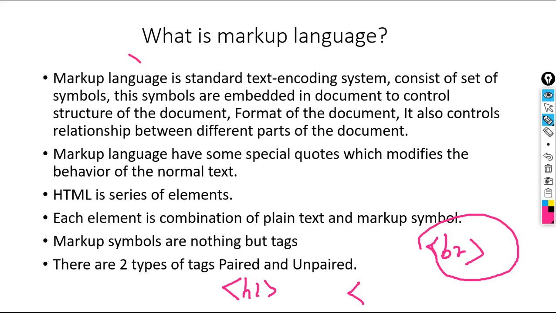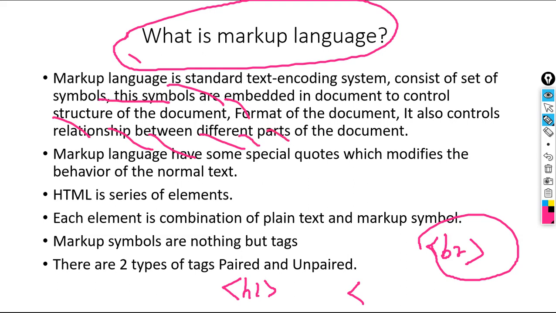Suppose here in this document, this is our heading, correct? The size of this content is bigger than the rest of the document. Similarly, to make particular content a heading, we use the h1 tag, and the closing tag is necessary. So h1 is a heading tag, which is a paired tag, and br is an unpaired tag. Now let's move forward.